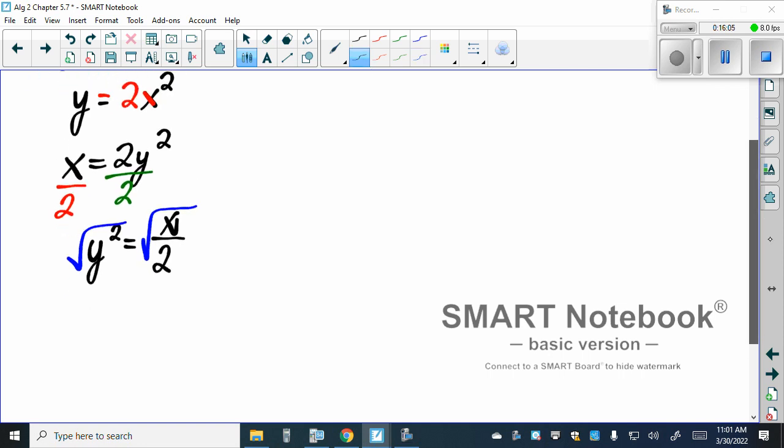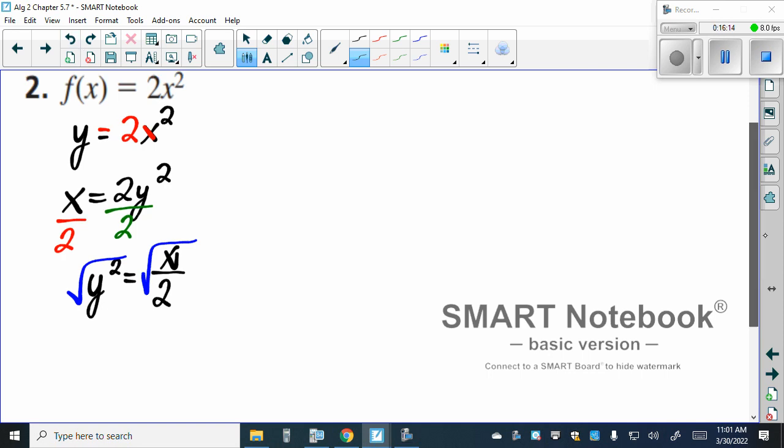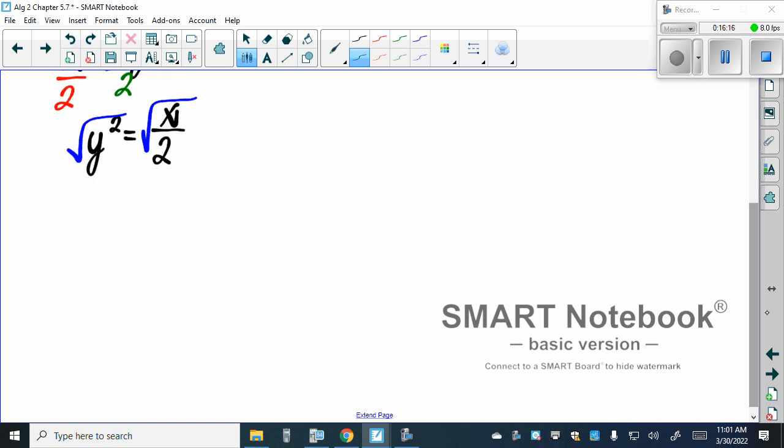Any questions on this here? Well, the square root of y squared gives us y. This will give us y is equal to plus or minus the square root of x over 2.